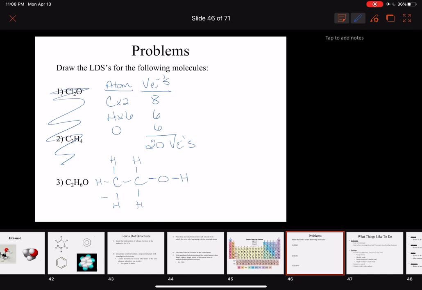So go ahead and count. We've got 2, 4, 6, 8, 10, 12, 14, 16. So we've used up 16 and we have 20, so that means there's 4 left over.